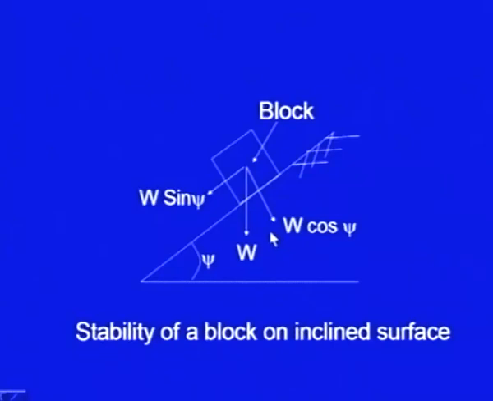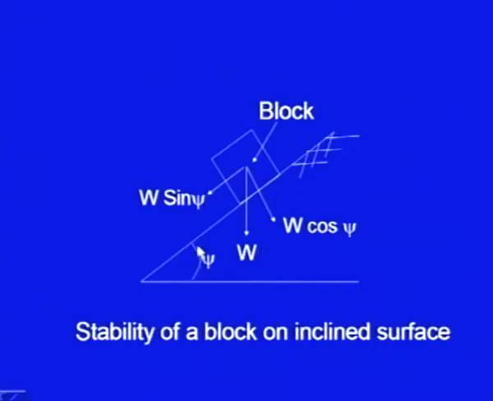Now, if you remember, for the analysis, this is the force which is acting normal, there will be a reaction R in the opposite direction, and because of this reaction R, a frictional force will develop against the actuating force in upward direction, and its value will be equal to mu into R, that means mu into W into cos psi.